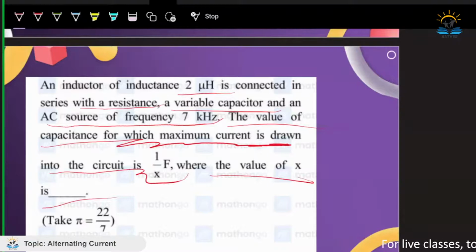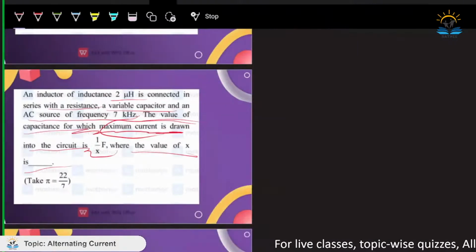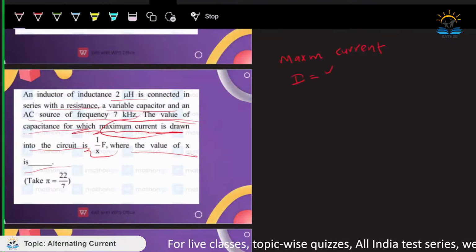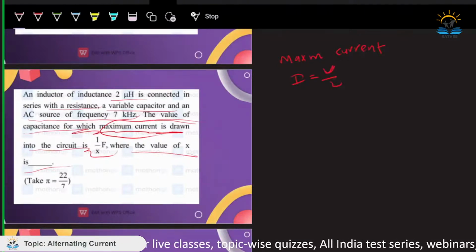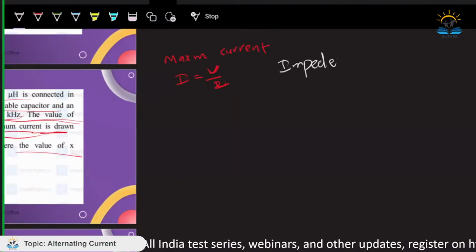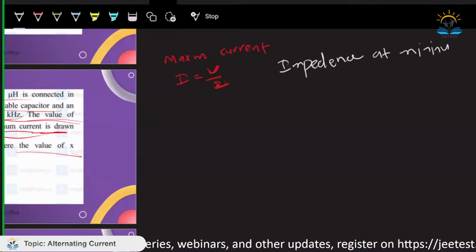See, maximum current is drawn into the circuit. That's a keyword. Maximum current means, you know that I is V by Z, right? So impedance should become minimum. Impedance at minimum means which condition?